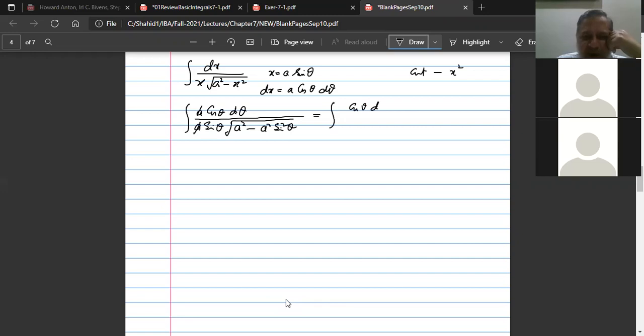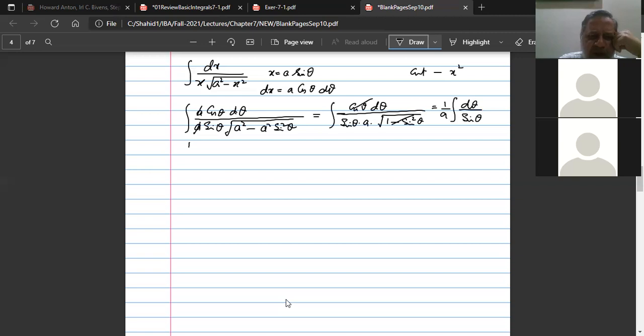Cos theta d theta in the numerator, and in the denominator I have sin theta. A square taken common from the square root is a under the root 1 minus sin square theta, and 1 minus sin square theta under the root is cos theta, so the cos theta cancels. What I am left with is 1 upon a integral d theta upon sin theta.